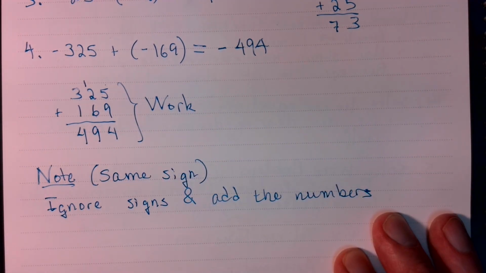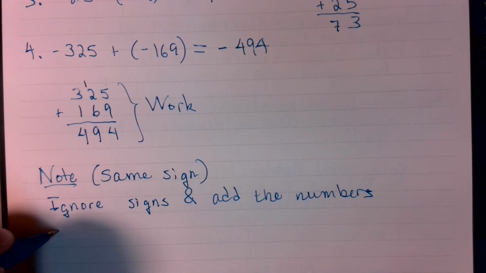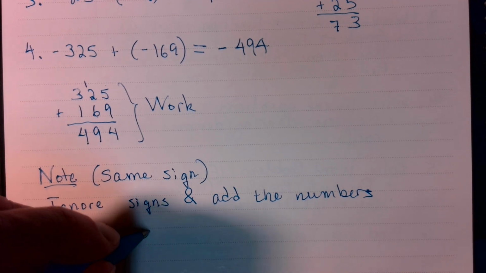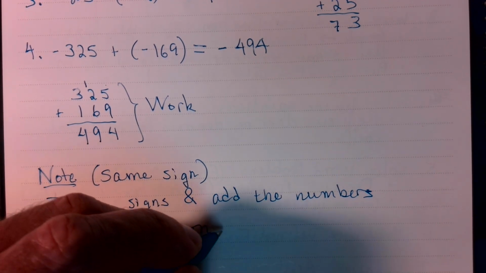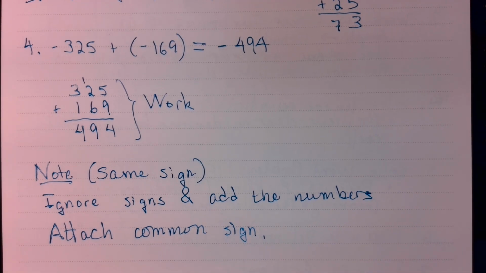Add the positive whole number versions. Add their absolute value, if you will. Then add the numbers and attach the common sign to your answer. So adding numbers with the same sign is easy.